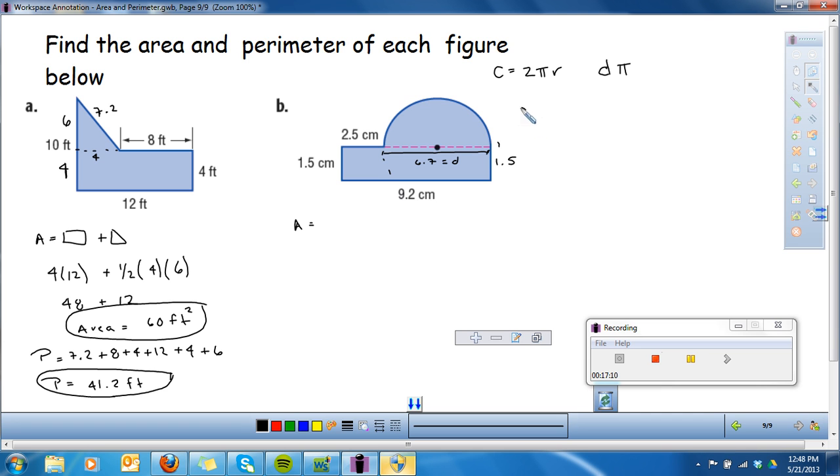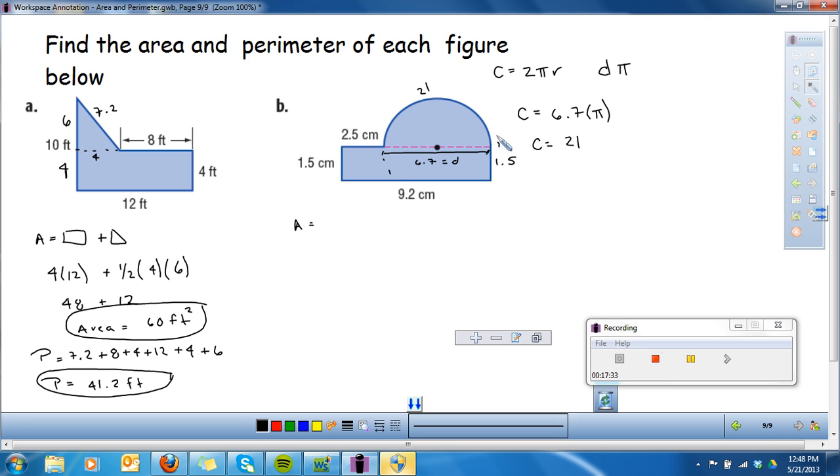So my circumference would be diameter, which was 6.7 times pi. Okay, I'm going to evaluate that on my calculator. 6.7 times pi. I'm going to round to the nearest whole number for us. So I'm just going to say it's a 21. That the length of this whole circle would be a 21.